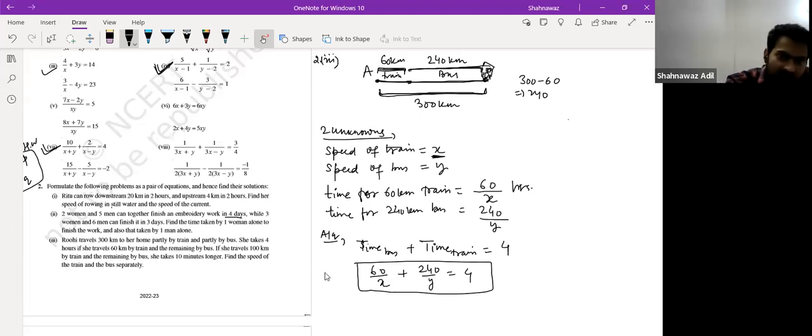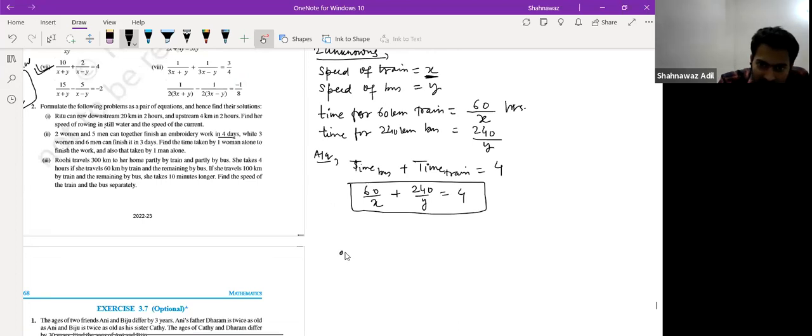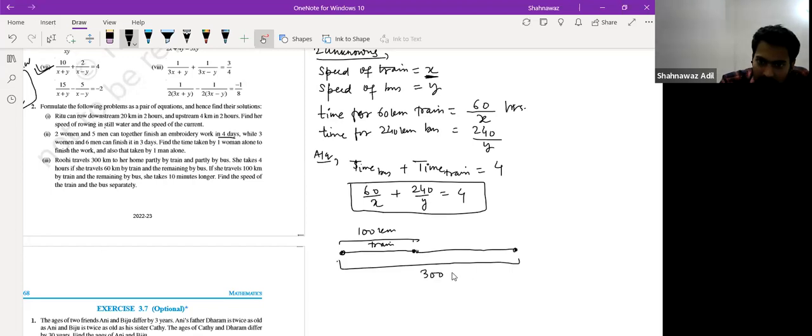Now let us come to the second. If she travels 100 kilometer by train, what is the remaining distance? Total we know, so 200 kilometer by bus.